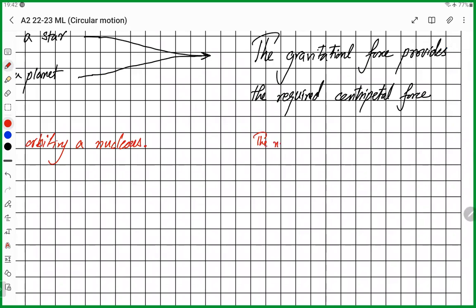The nucleus is positive. The electron is negative.